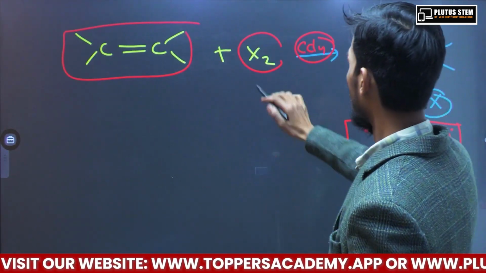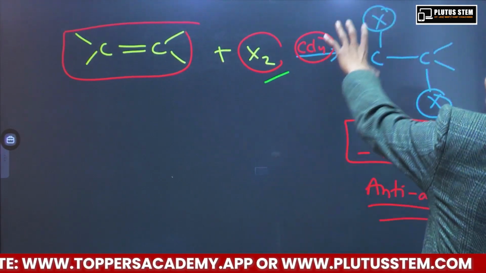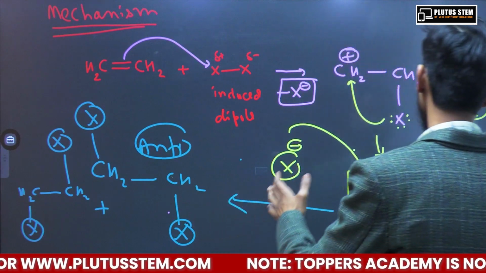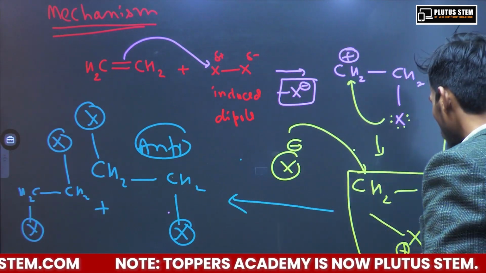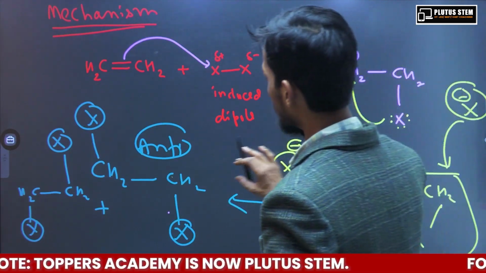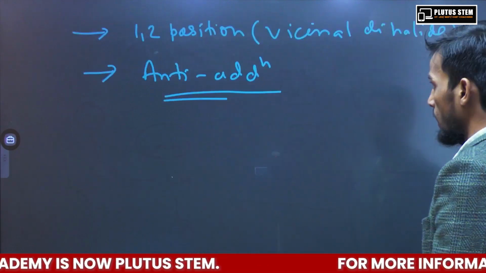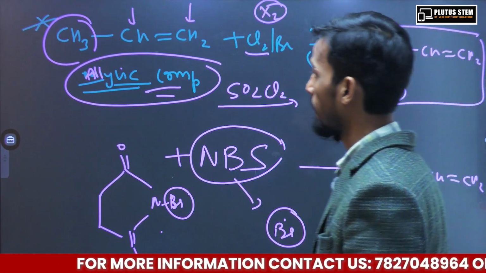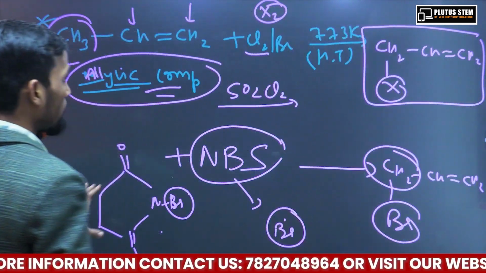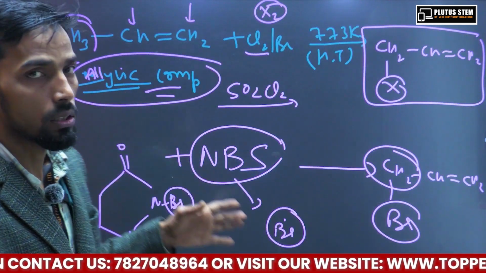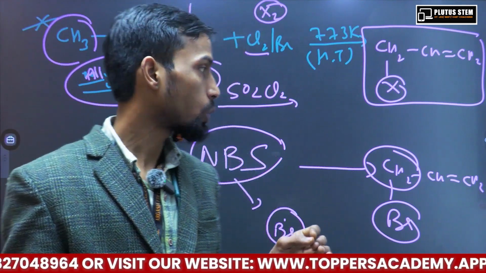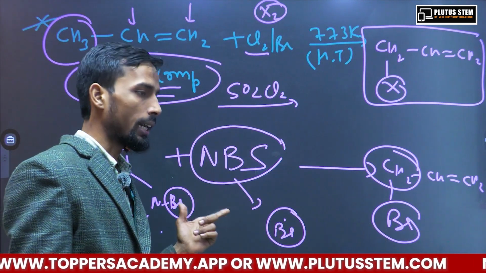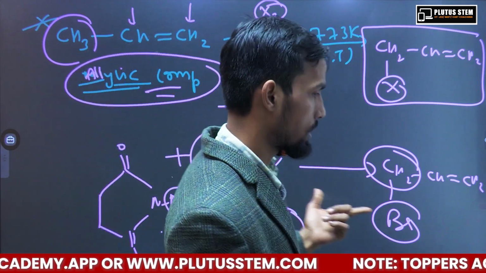We get the anti-product, the vicinal product. This is the whole mechanism: a 3-membered ring, less stable, attack of this X negative, and we get an anti-product which is a vicinal product. And for allylic, I have shown you the three possibilities: one with SO2Cl2, one with high temperature, another with NBS.